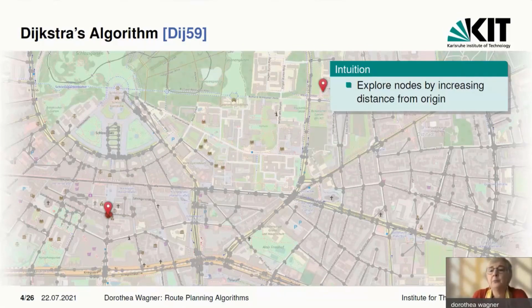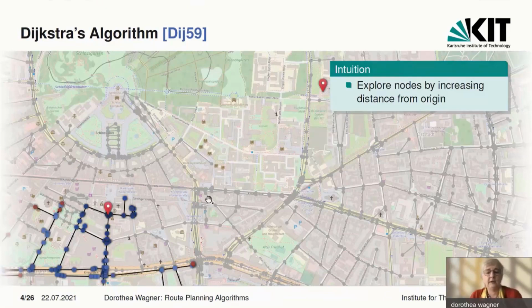The algorithm explores all nodes starting from the source node in increasing distance. So from the source node or origin, the connected nodes are explored in increasing order with respect to the distance from the origin.